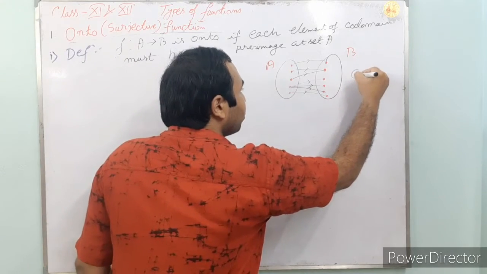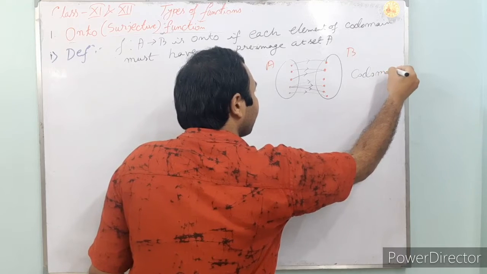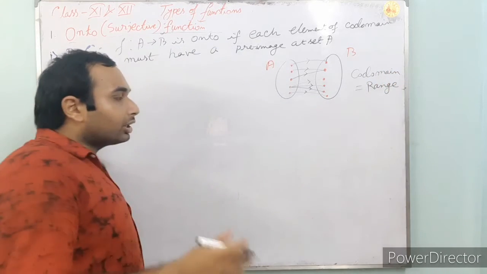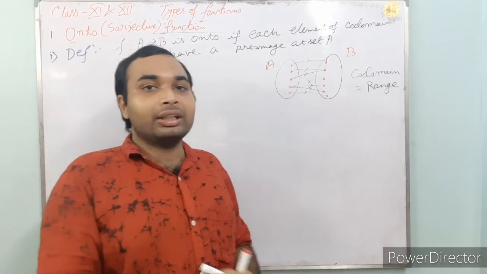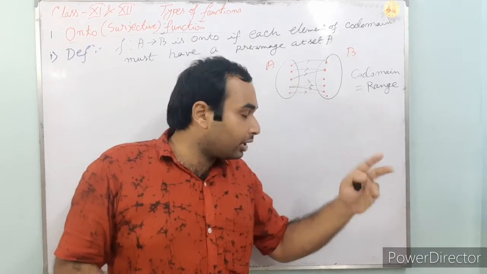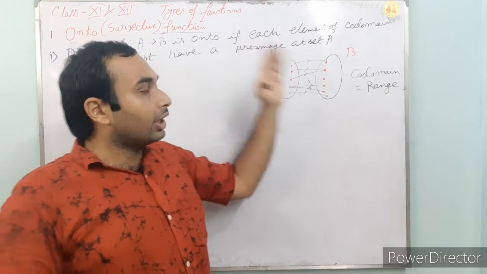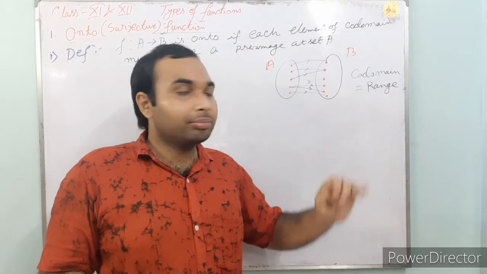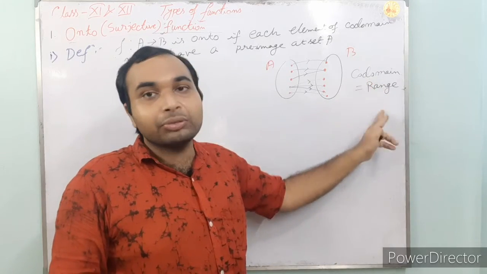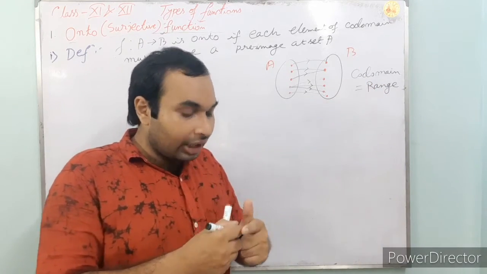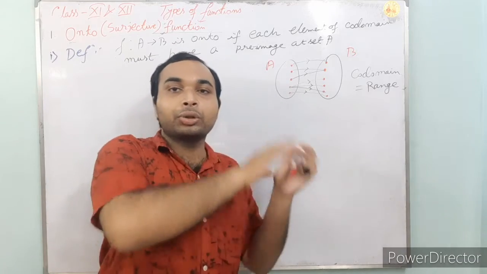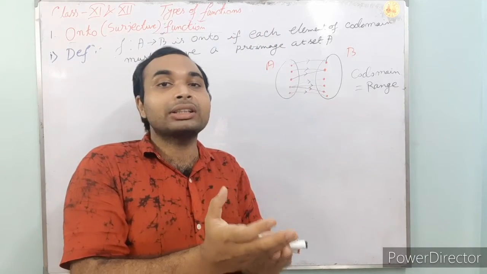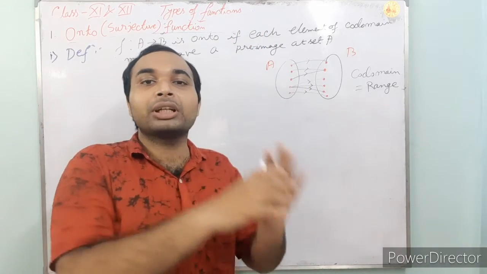Here, the codomain equals the range. In the previous functions, the range was a subset of the codomain. But here the codomain is equal to the range. That means onto means the total set A is going and sitting on the set B. No elements are being left here.